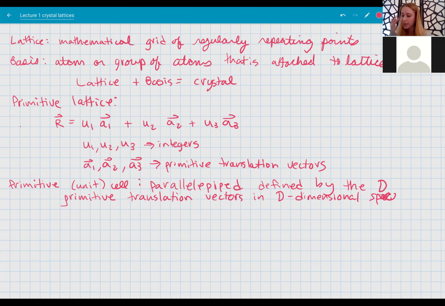Okay, so basically in two dimensions, it's going to be some sort of two-dimensional parallelogram. In three dimensions, it's going to be some sort of three-dimensional parallelogram.